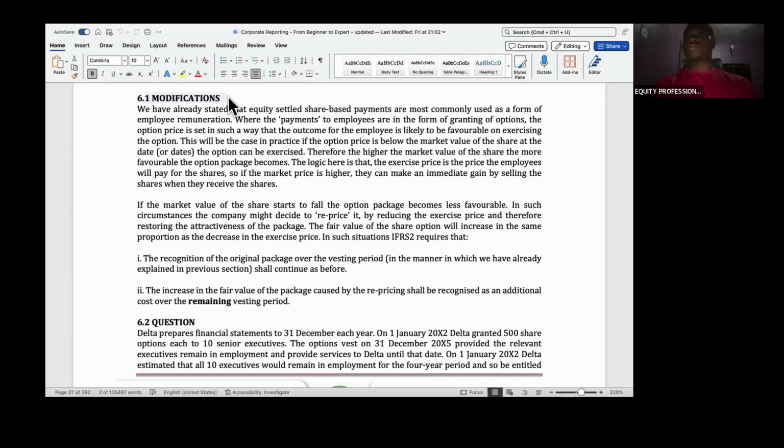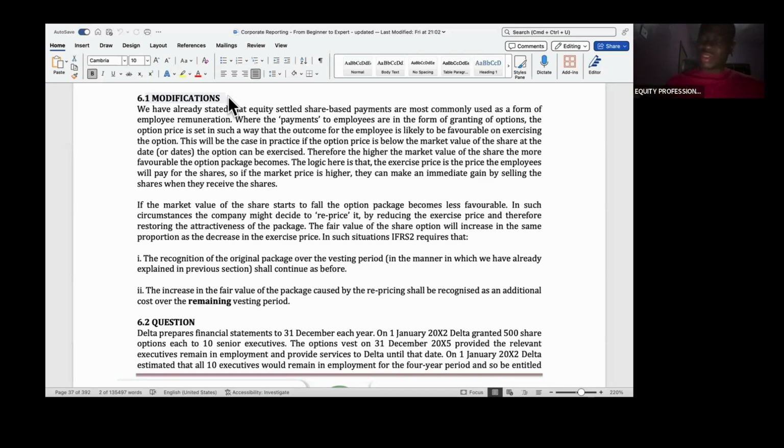So if you have a scenario whereby the company's share price starts falling, I've set an exercise price of, let's say, 5 naira. The company share price now starts falling and is getting close to that 5 naira. That means the entire share option does not make sense to the employees anymore.